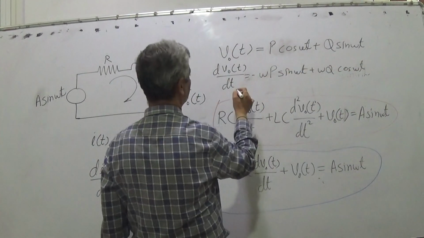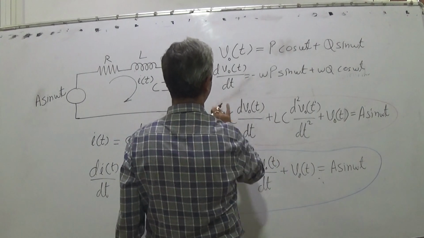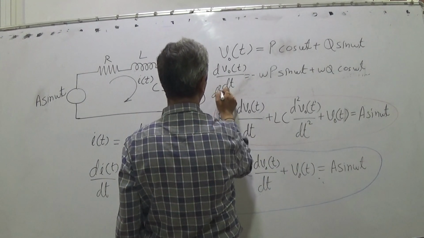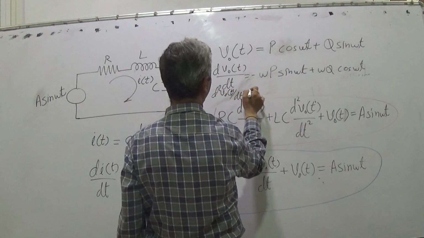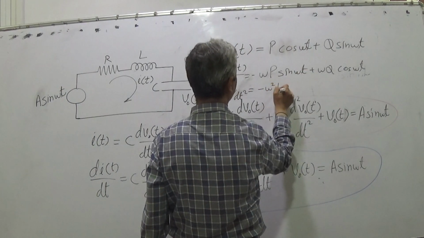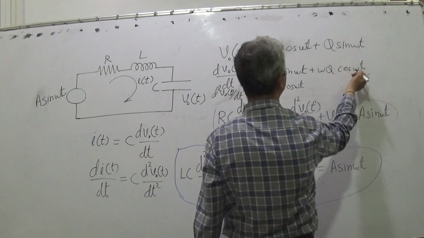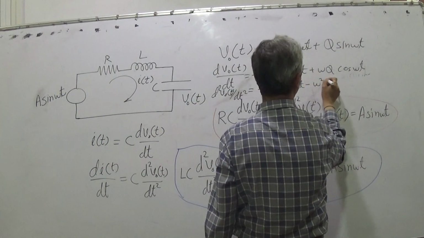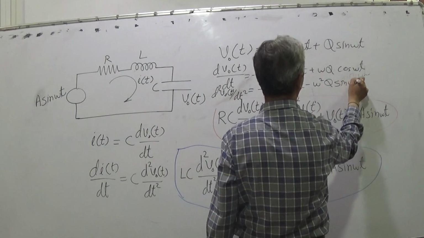And its next differentiation, d2Vo(t) upon dt square, equals minus omega square P cos omega t minus omega square Q sin omega t.